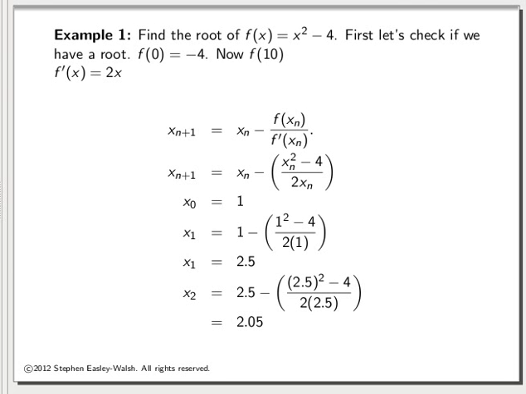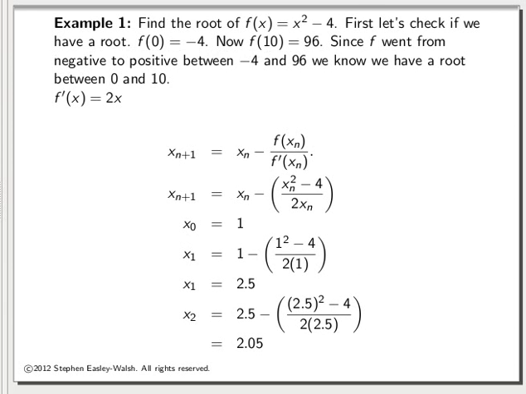So 10 squared, 100 minus 4, 96. Since f went from negative to positive, from minus 4 to 96, we know we have a root between 0 and 10.